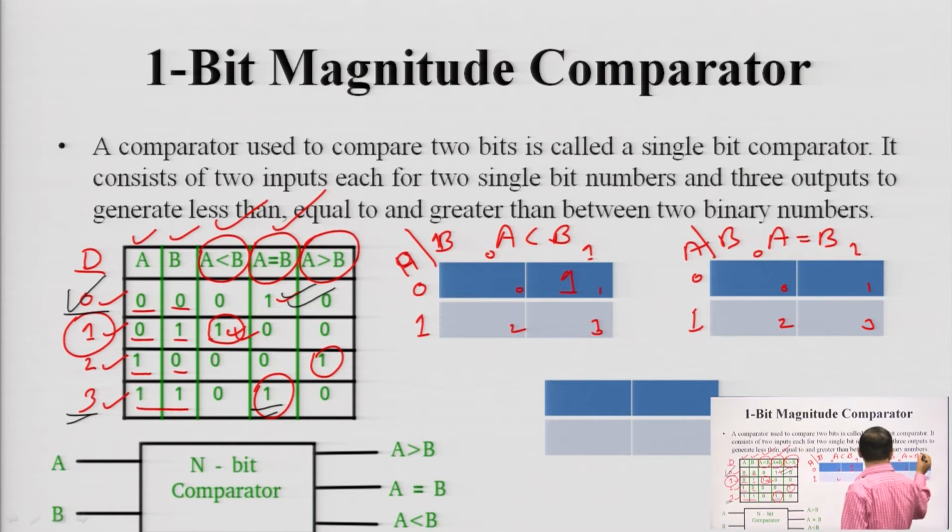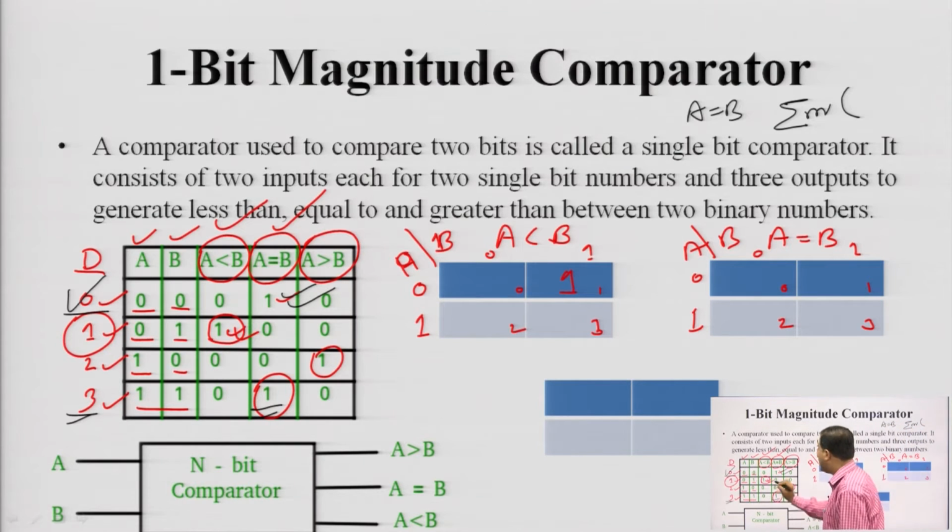So, A is equal to B can be written as summation m(0, 3), got it. So, just put 0 here, and in 0 and 3 we are putting 1s, clear.